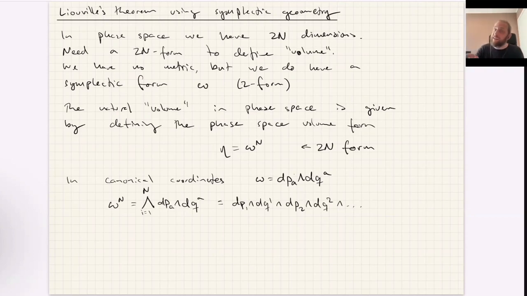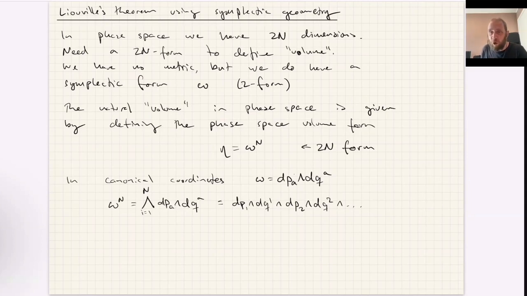So this indeed contains all of the canonical coordinates once. Okay, that's good. That defines a phase space volume element.